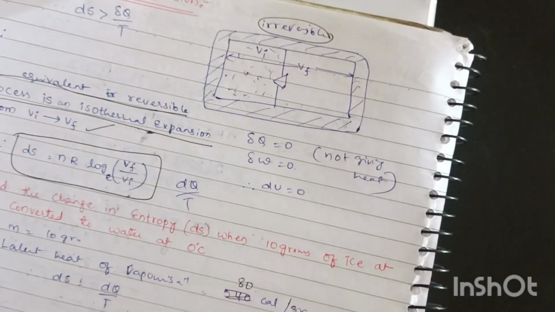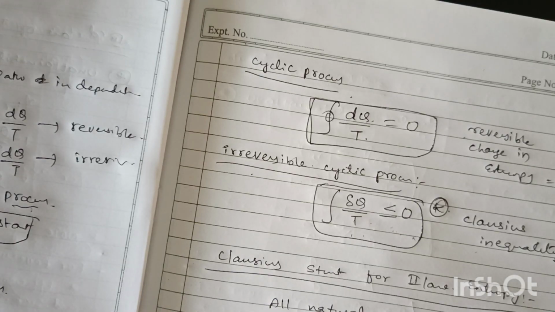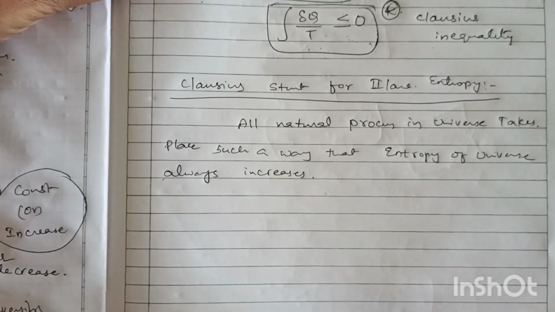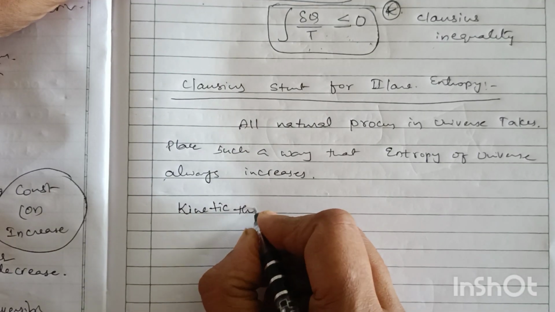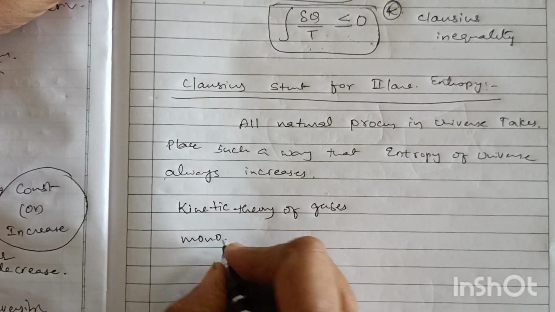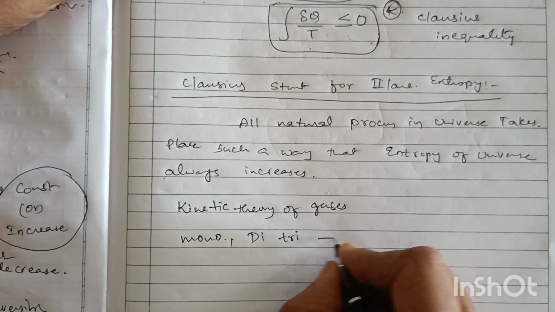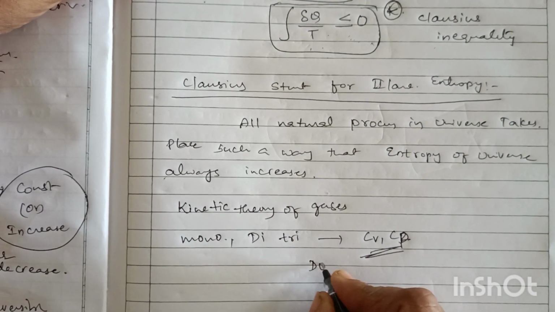And in the next class we have topics of kinetic theory of gases, very important, and TS diagrams. Next, monoatomic gases, diatomic gases, triatomic gases. In these cases, what are the CV values, CP values, what are the relations, and how many degrees of freedom.